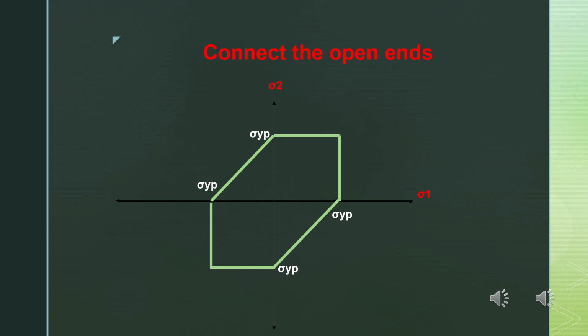The closed figure that we have got on the screen now is also a yield surface, but it is the yield surface according to the Tresca criterion. That is not the most popular criterion used in the industry. So the next step will be to draw the yield surface according to the von Mises criterion, which is the most popular criterion used in the engineering industry for predicting yielding of ductile materials.